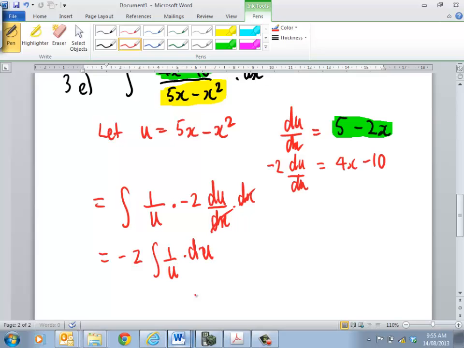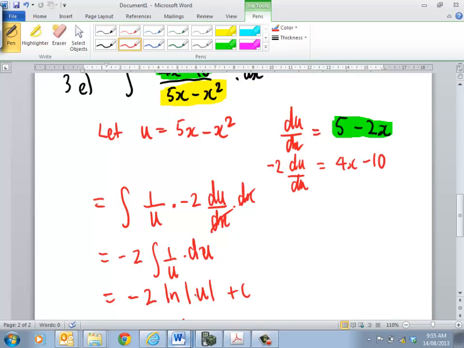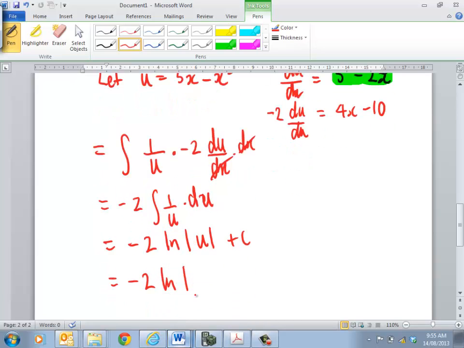So what would that become equal to? Well, that's equal to -2 ln of u plus c. So that's going to be equal to -2 ln of, now what was that value that we said? That's going to be 5x take x squared plus c. Now we've got to have our modulus values there because that has to be positive.